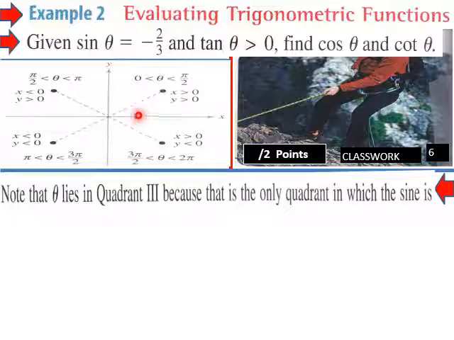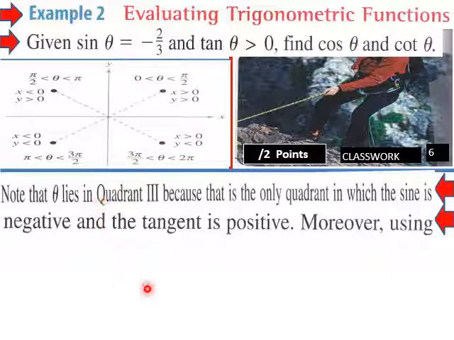Over here, tan would be less than 0 in quadrant 4 because tan is y over x, and y over x would make it less than 0. Over here, tan would be positive. So it has to be quadrant 3, in which the sine is negative and the tangent is positive. This is the only quadrant in which your sine is negative and tangent is positive.